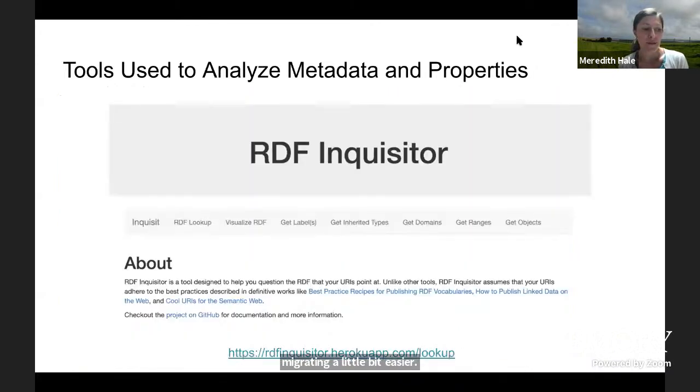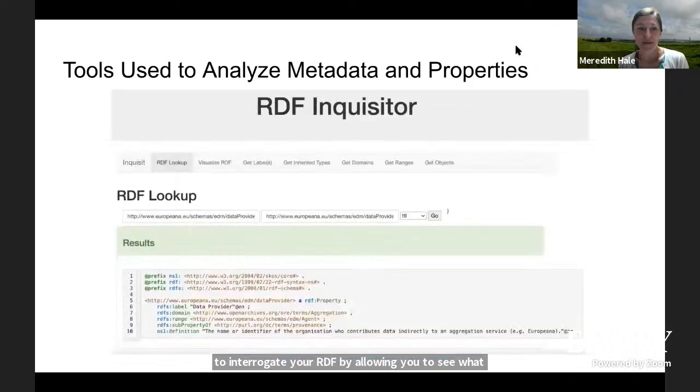Another tool we use frequently is the RDF Inquisitor, and this was also built by Mark. It was created to interrogate your RDF by allowing you to see what your URIs are actually pointing at. To better represent that, I'm just going to show you results. Here's an example of the EDM data provider URI.